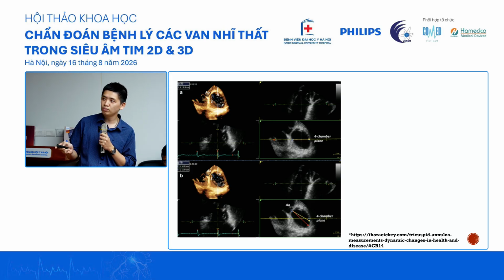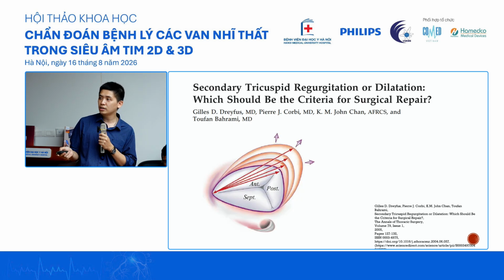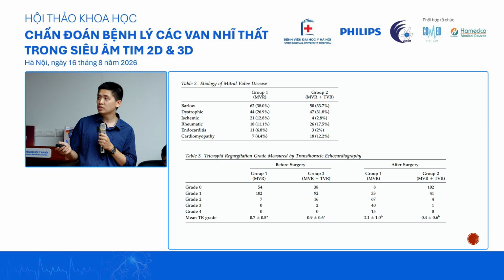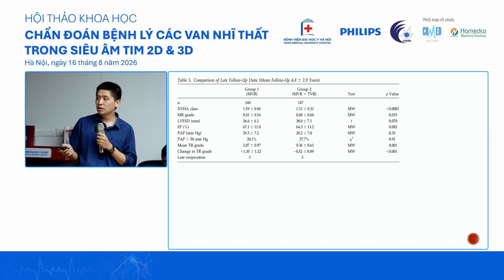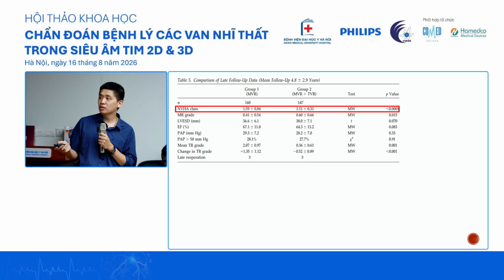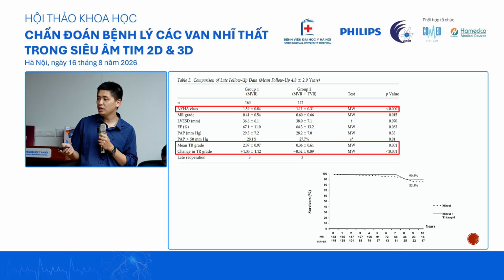That's why you will see a big difference in the criteria for the tricuspid annulus in surgery and in our echo lab. This one is a research study from Dey first. They measure the big diameter that I'm talking about, the red one, with a cutoff of 70 millimeters.